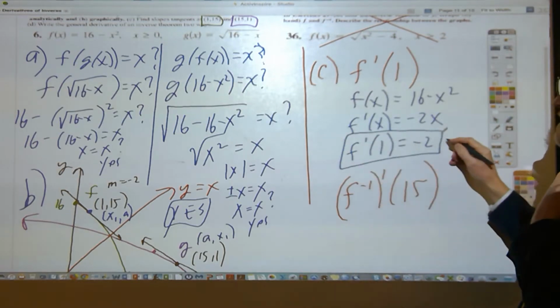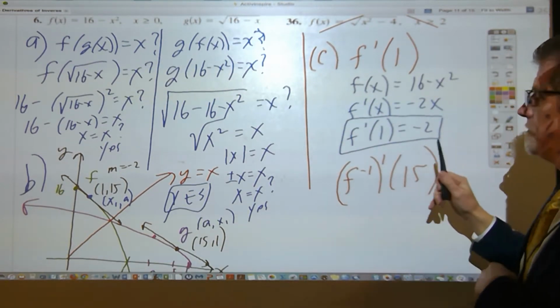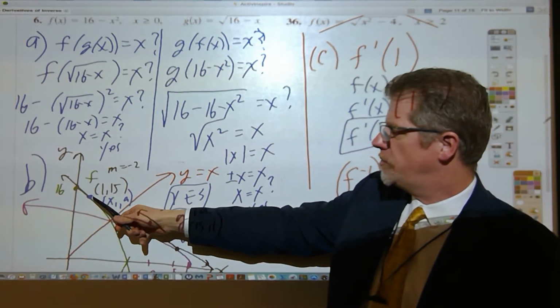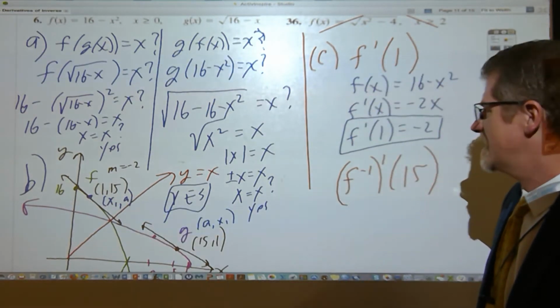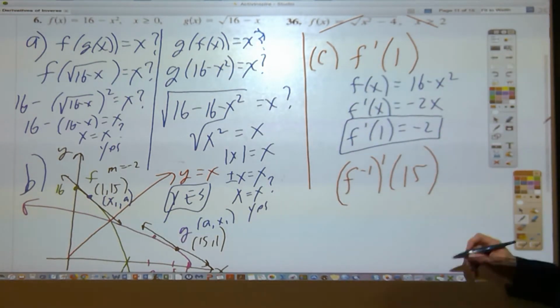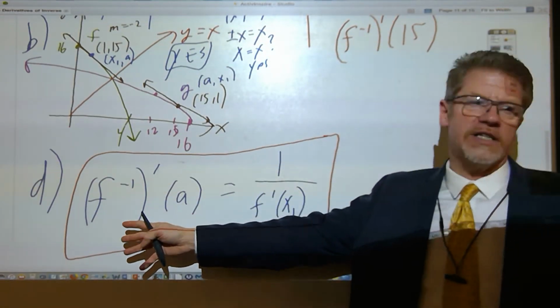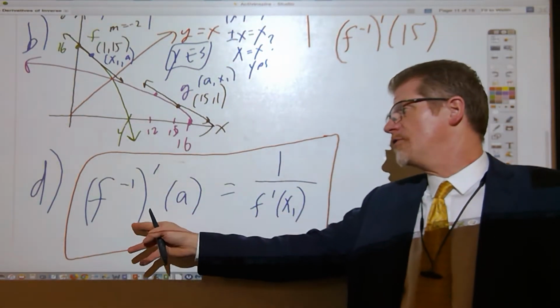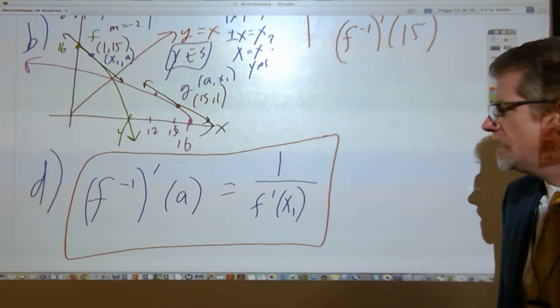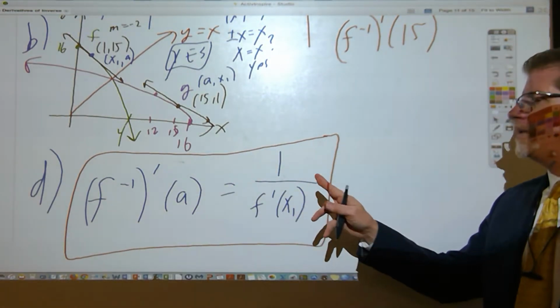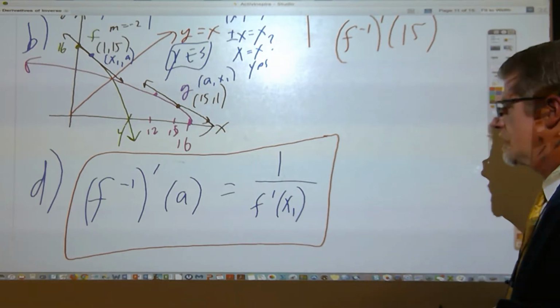Okay, so that tells us that the slope of the tangent line at the point 1, 15 on the green graph is -2. And by the way, Matt, what you missed when you stepped out of the room was just the expression of today's formula. This is the formula of the day, that f inverse prime at A is 1 over f prime at x1.